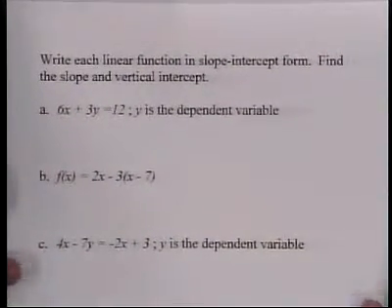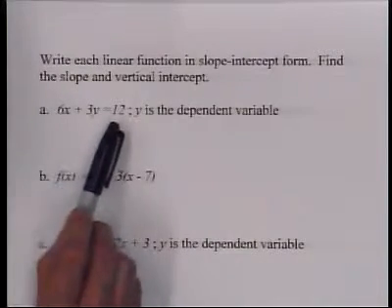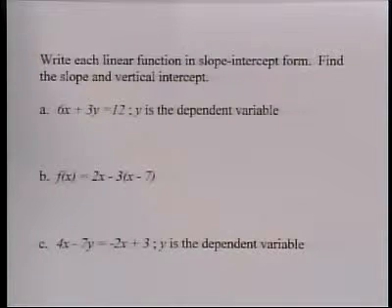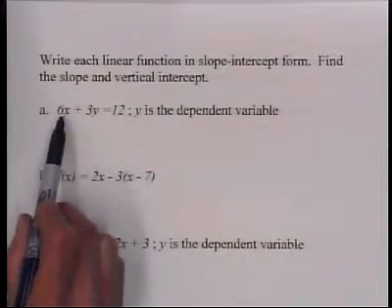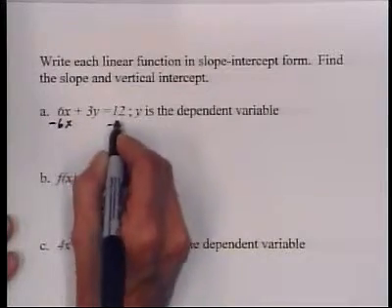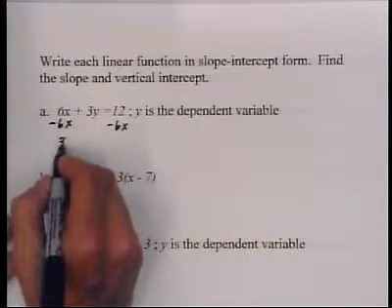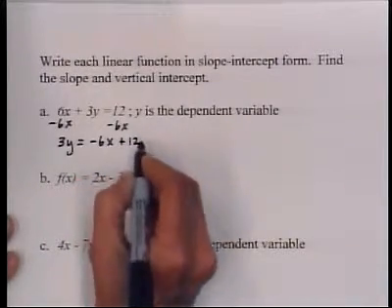What we want to do here is write each linear function in slope-intercept form. Then we want to identify or find the slope and vertical intercept. The first equation is 6x plus 3y equals 12, and we're told that y is the dependent variable. In order to have slope-intercept form, we need to solve for y. So I'll start by subtracting 6x from each side of the equation, and I'll get 3y is negative 6x plus 12.